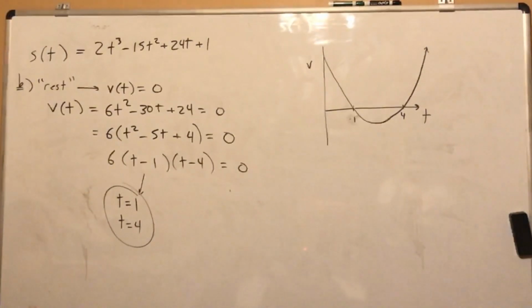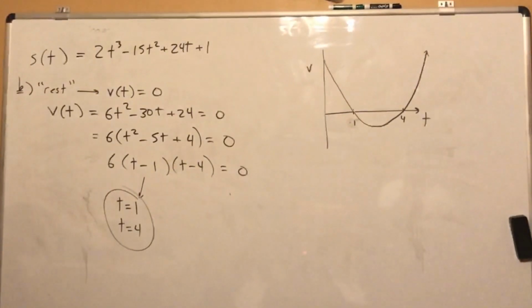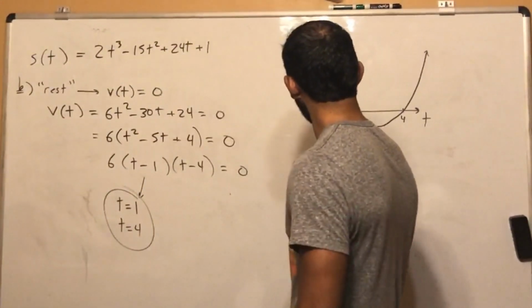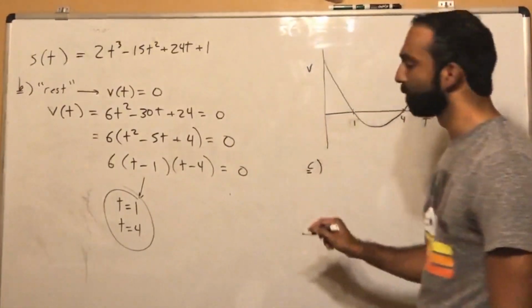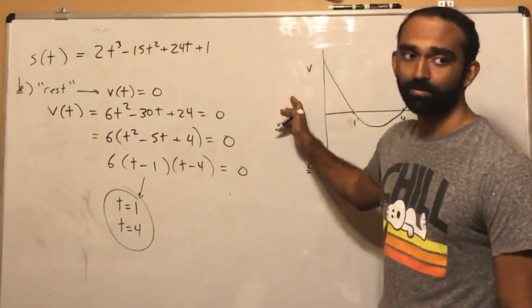What was part C asking for? When is the particle moving to the right and to the left, and when does the particle change direction? Just remember, the thing that determines the direction something is moving in is always your velocity function.